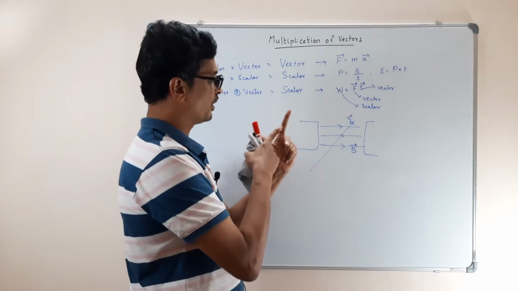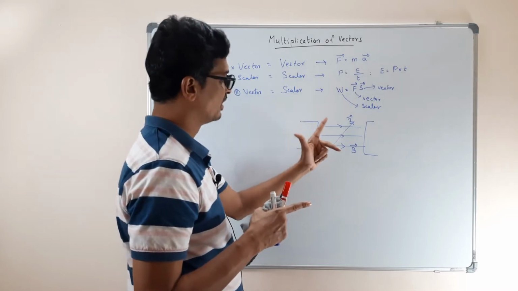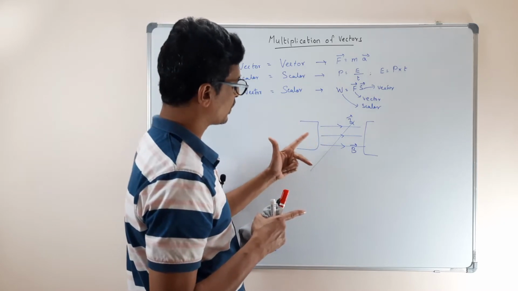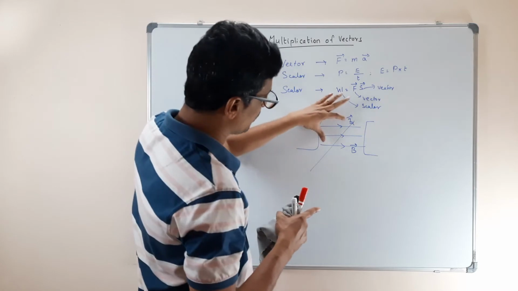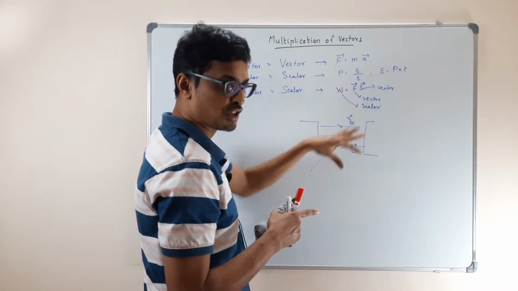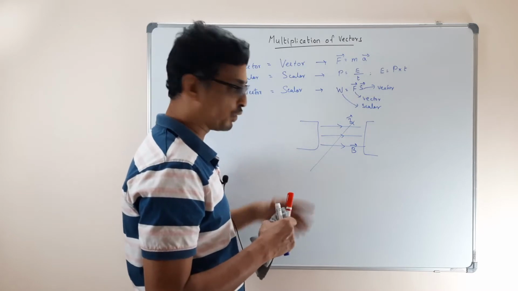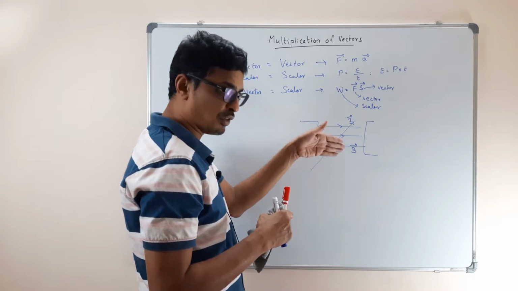What happens when your magnetic field and the current are perpendicular to each other? Suppose this is the current. Then there will be a force acting on the conductor which moves it down.